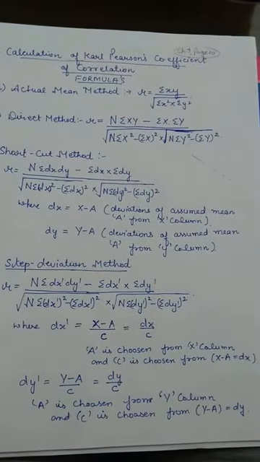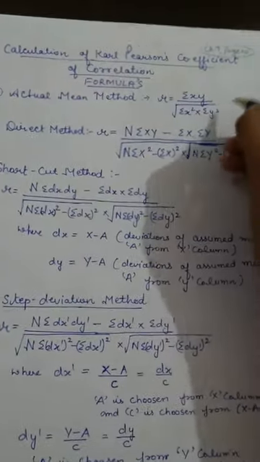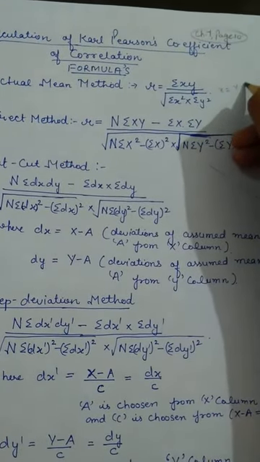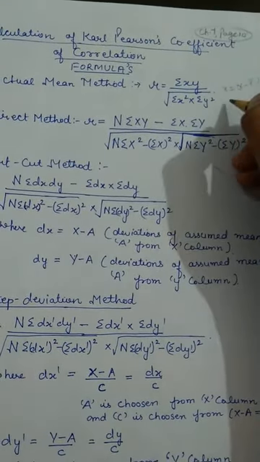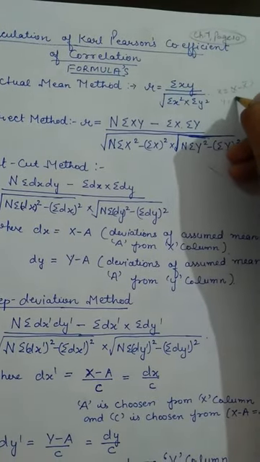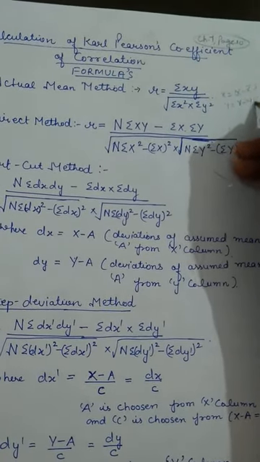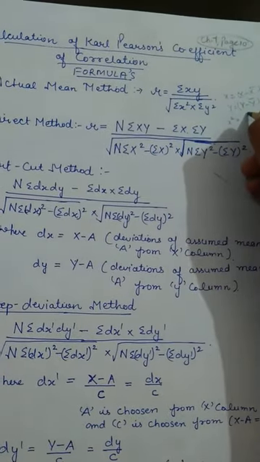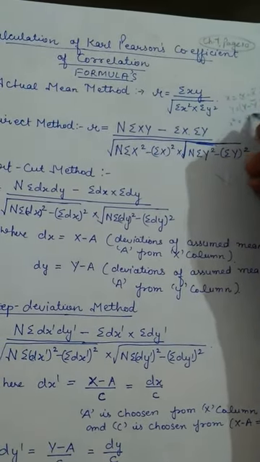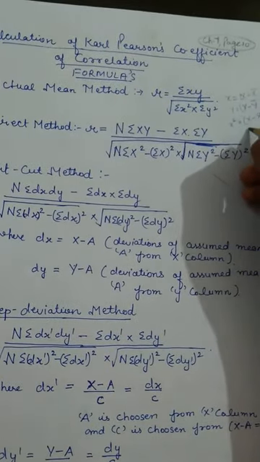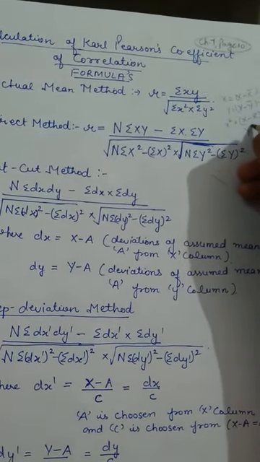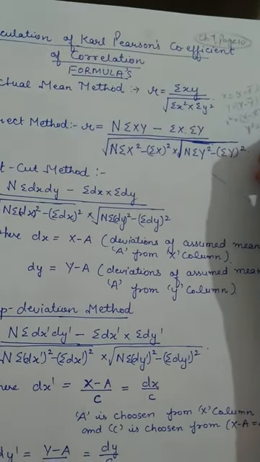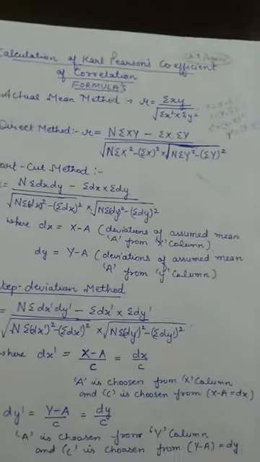What are x and y here? As you already know, x is x minus x bar, y is y minus y bar, your small x square is x minus x bar whole square, and your small y square is y minus y bar whole square.